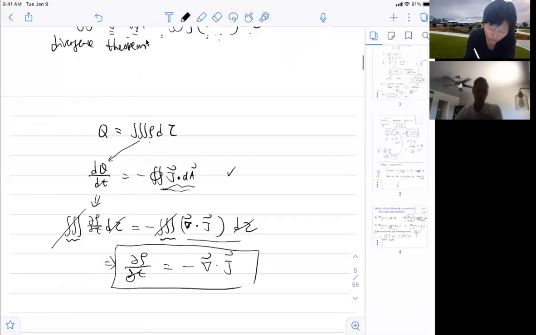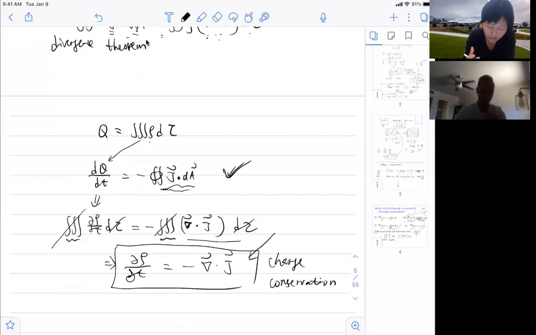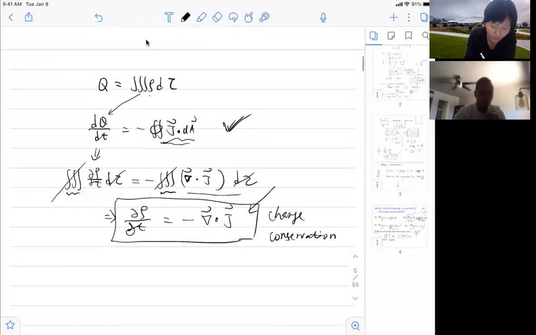Now this is charge conservation. This is also charge conservation, but in your book, and normally when we say charge conservation, we refer to this particular format, but they're the same, right? You can see that one is the differential format, the other is more the integral format.